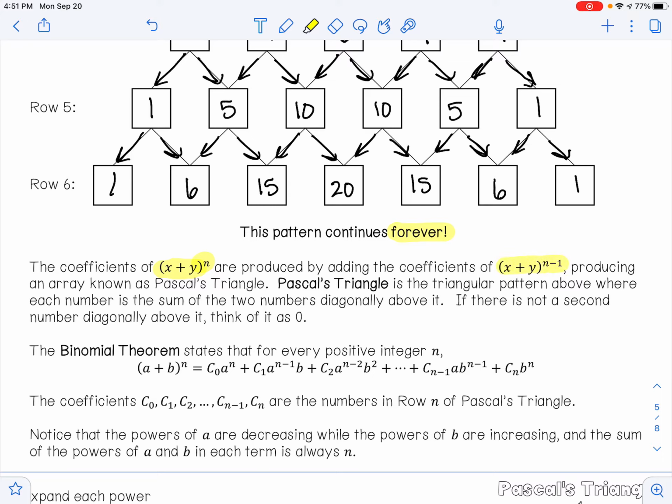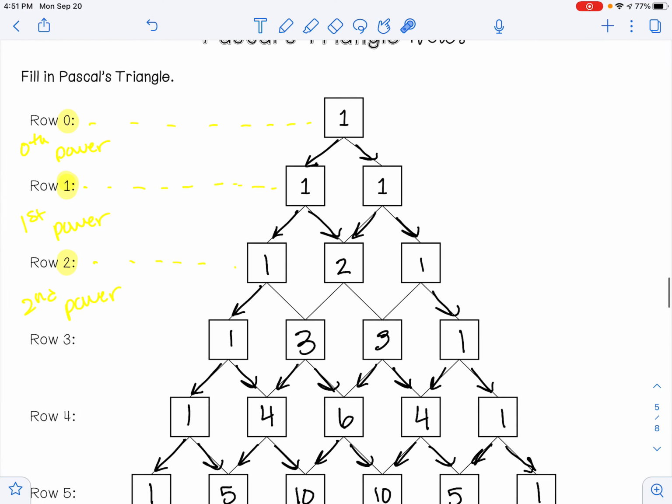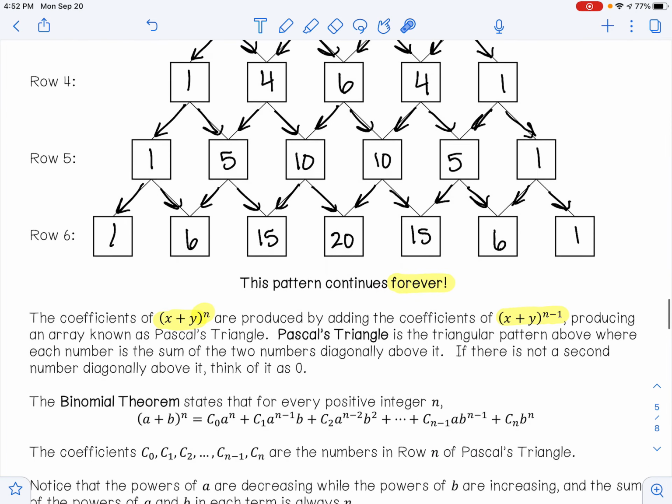So this is saying take your power of n and subtract 1. And if you look here, if I'm on the 1st power, then I'm looking at the 2nd row. So we call this row 0, row 1. So we're looking really at the 2nd row for the 1st power. And that's all that this is saying right here.